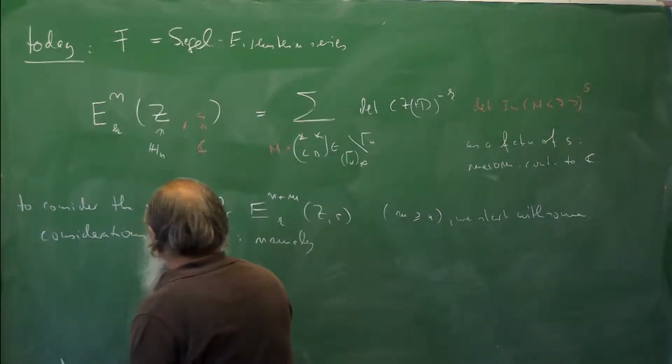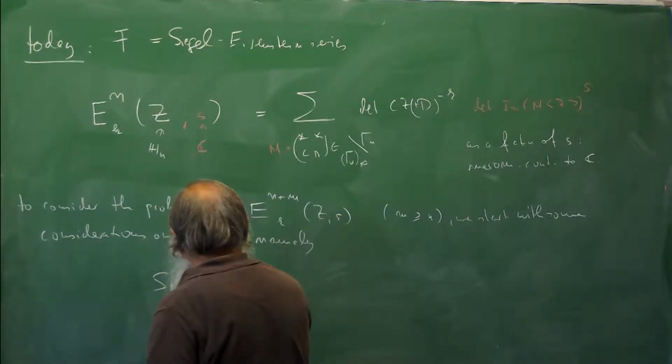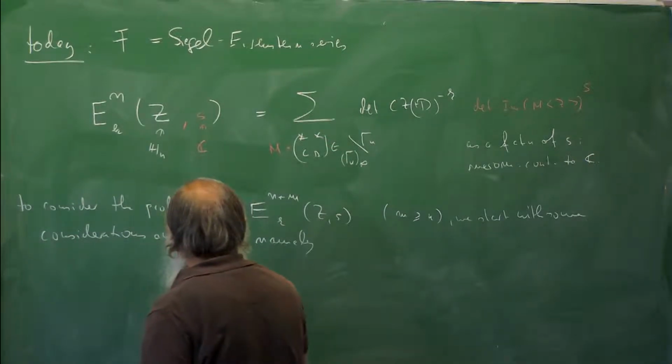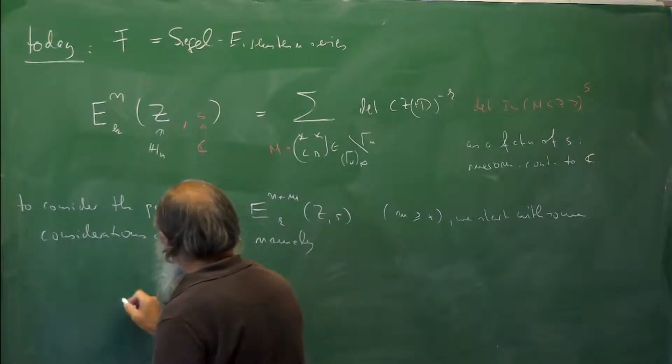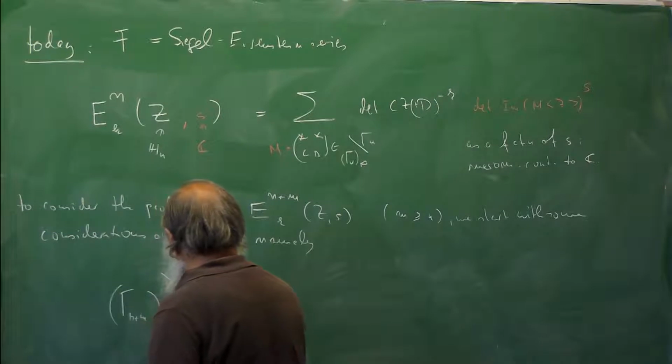Let us consider... I could write gamma n, gamma n plus m modulo gamma n plus n, infinity.